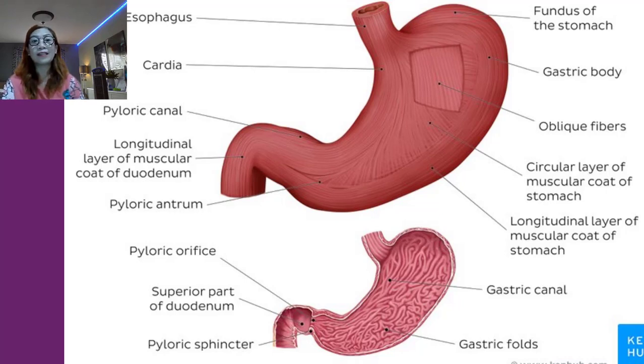Some stomach cells produce intrinsic factor, which is a substance needed for the absorption of vitamin B12 from the small intestine. The chief cells produce protein-digesting enzymes, mostly pepsinogens, and the parietal cells produce corrosive hydrochloric acid, which makes stomach contents acidic and activates the enzymes.